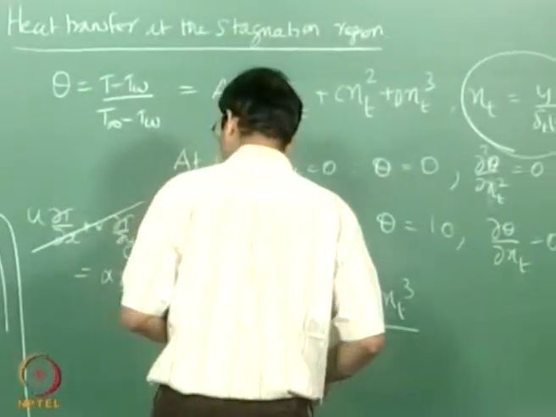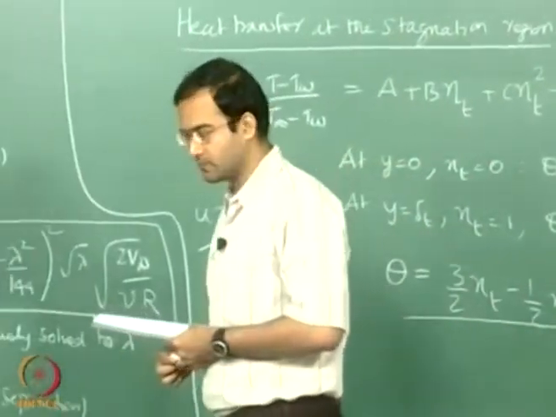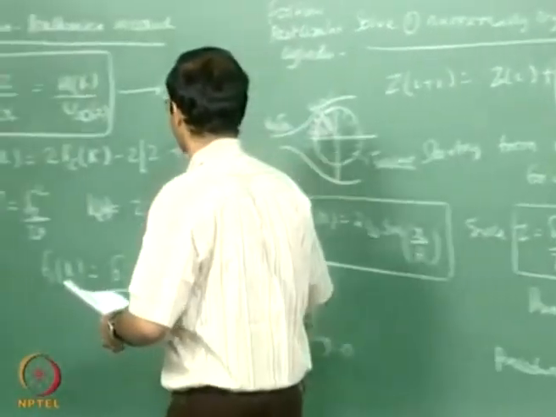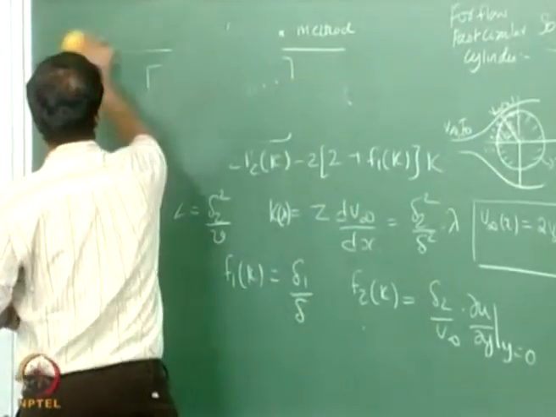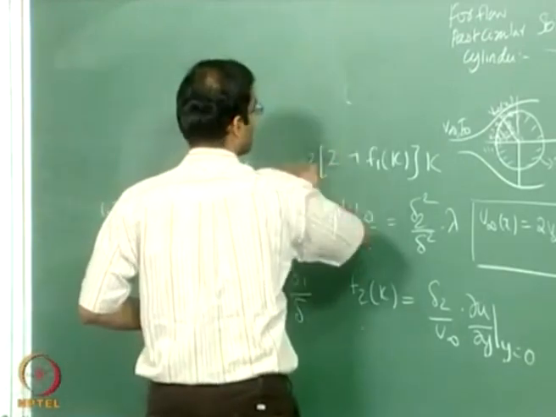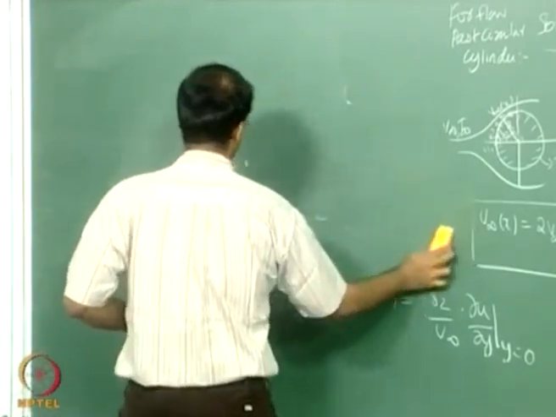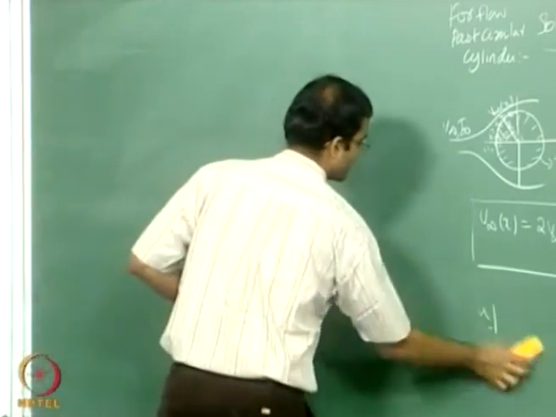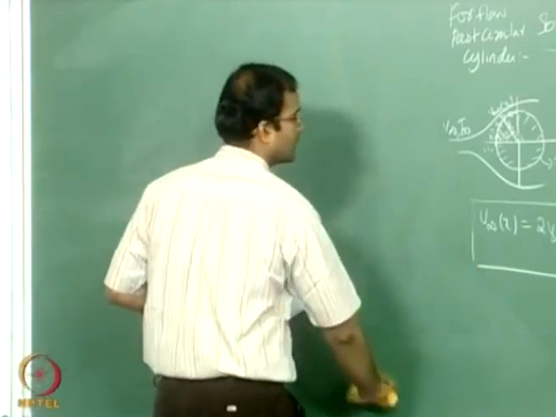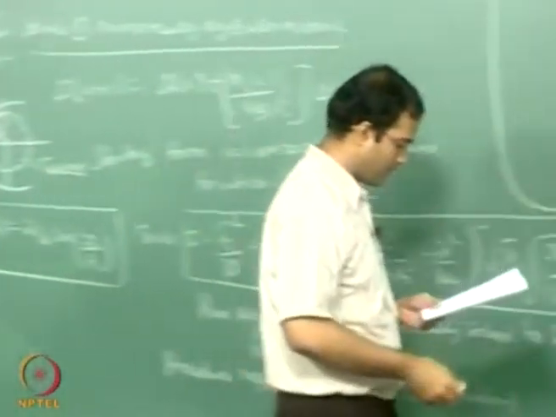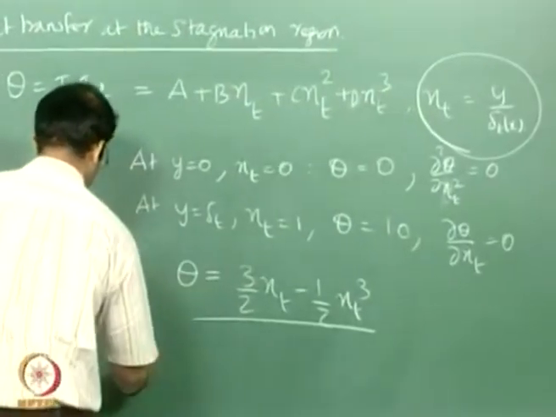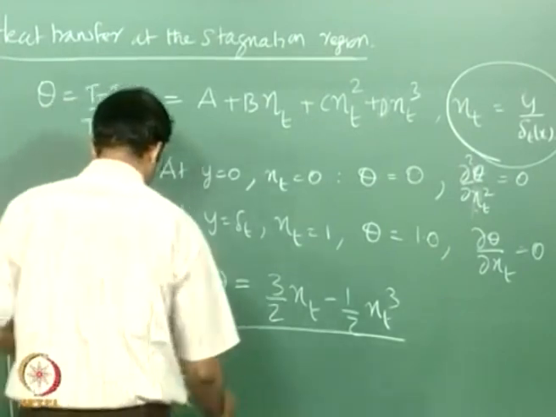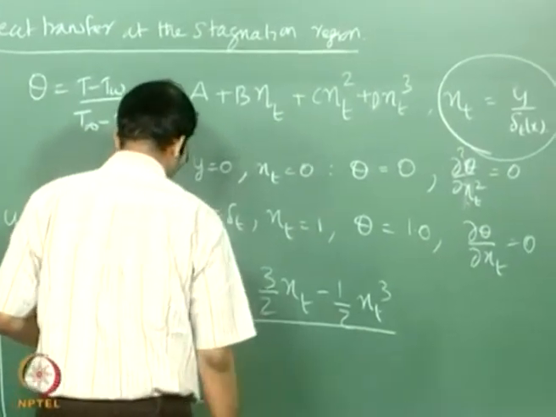Do you remember the energy integral equation without the viscous dissipation term? Let me erase this part. I hope you can recollect the energy integral, d by dx. So what should be the term inside?